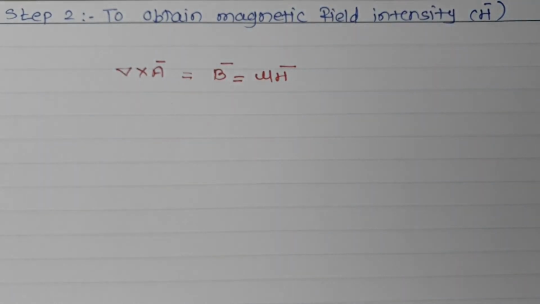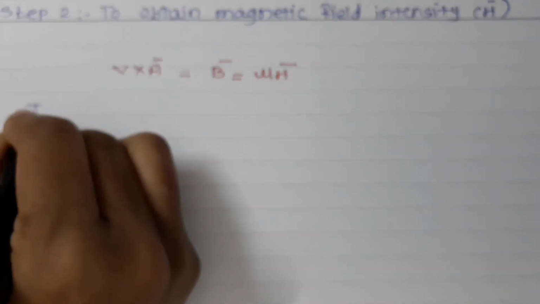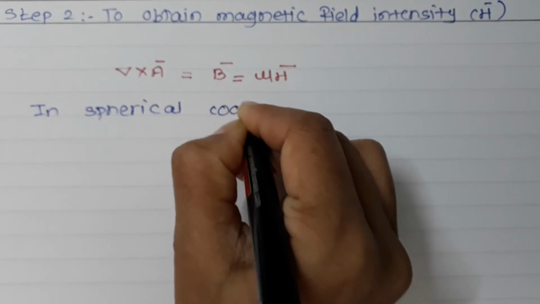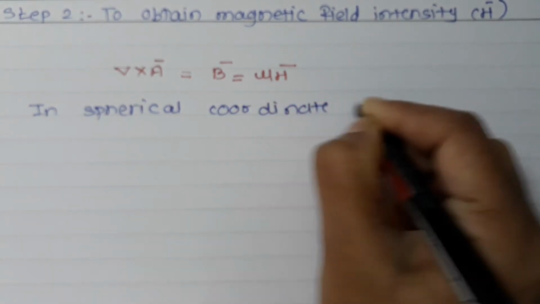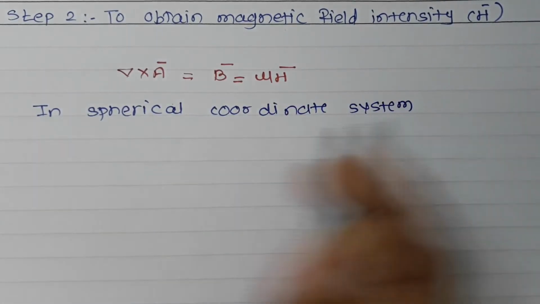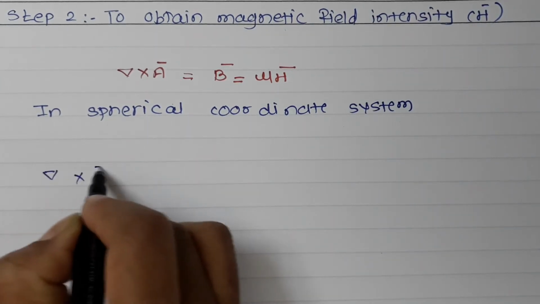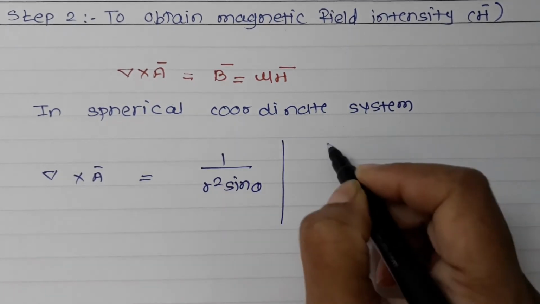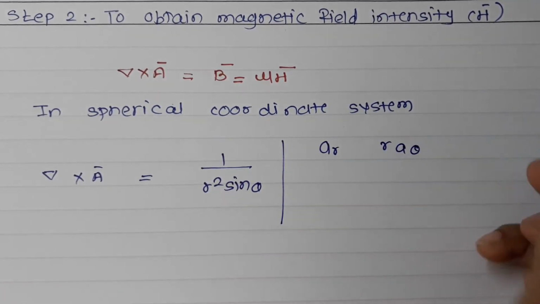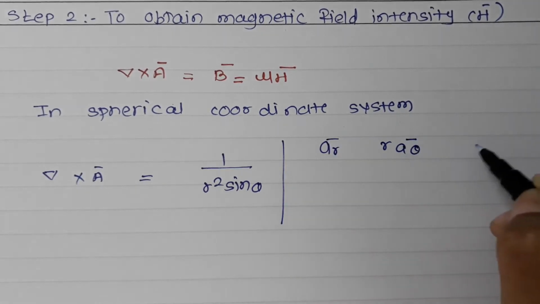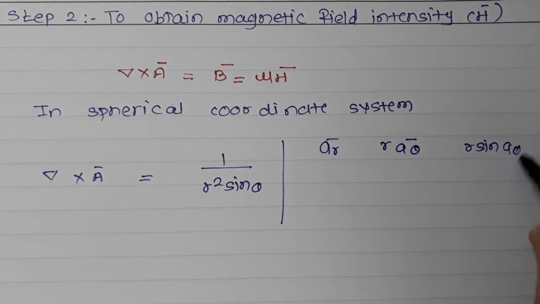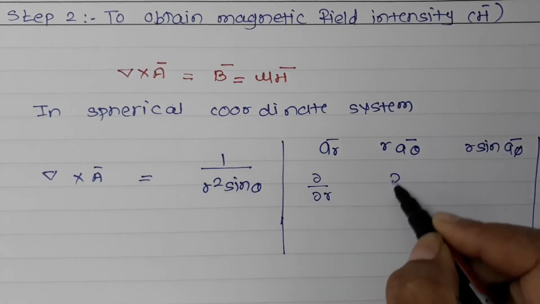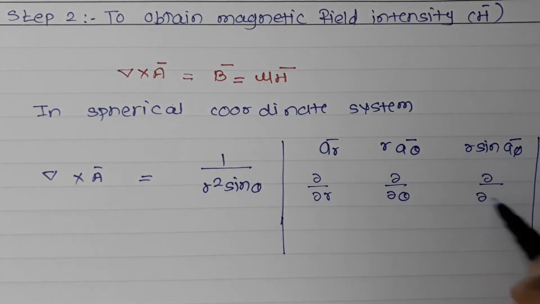Now in the spherical coordinate system, we can write del cross A bar as the determinant of 1 upon r² sin θ, with rows a_r, r a_θ, r sin θ a_φ, then d/dr, d/dθ, and d/dφ.